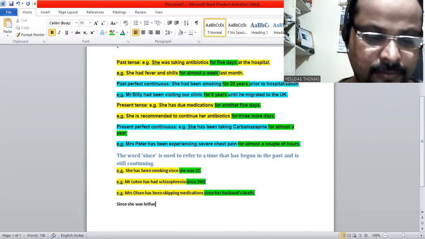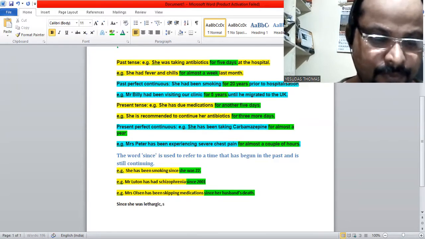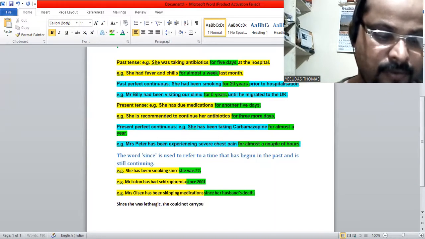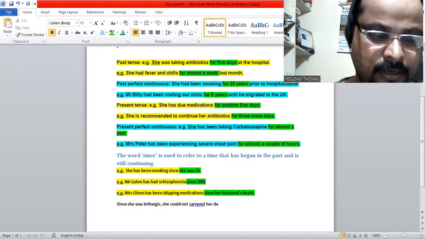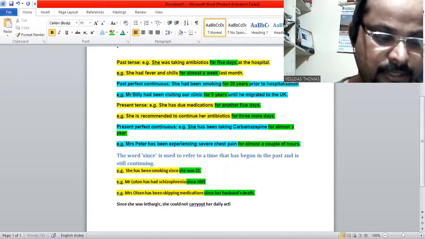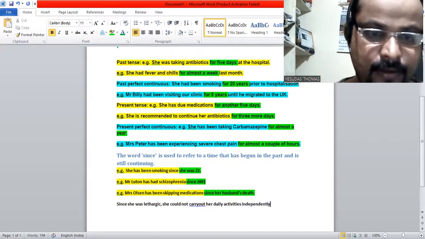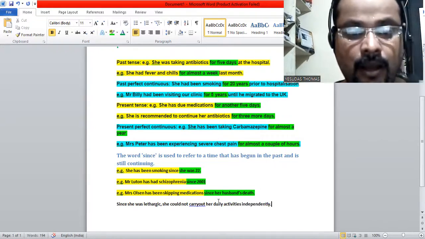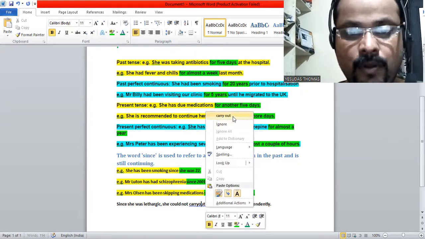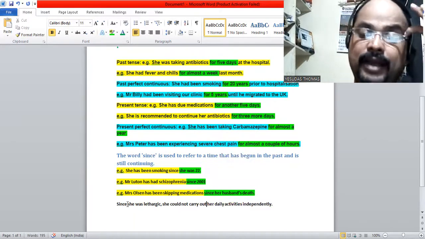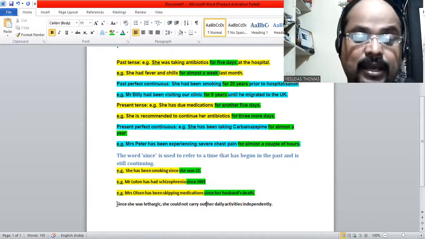lethargic, she could not carry out her daily activities independently. Okay. So since she was lethargic, she could not carry out her daily activities independently.